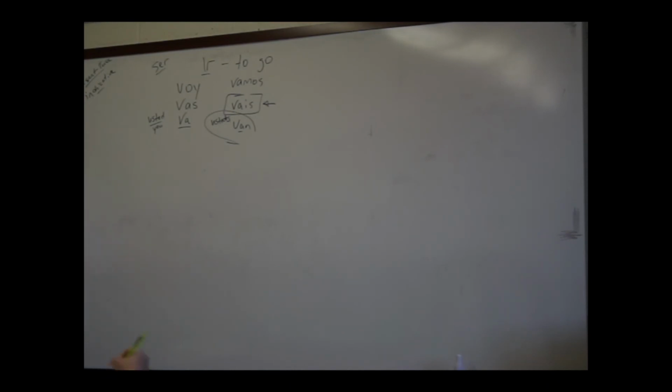Okay? All right. So when talking about where you are going, in English, where you are going to, there's the preposition to. Use the verb ir, which means to go. Like the verb ser, this verb has irregular forms, which we looked at. So use the word a, the letter a.